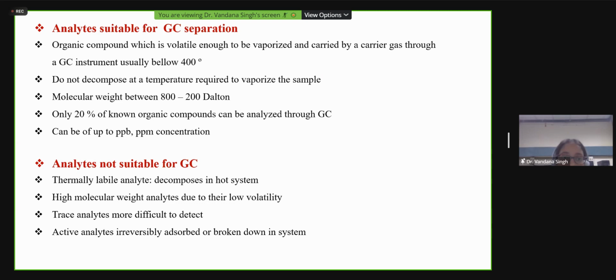The temperature of this oven can be changed over time to get our analyte of interest separated. If a certain component of our sample has very low volatility or a very high boiling point, it will go through the column very slowly, and it will exit the column very late.